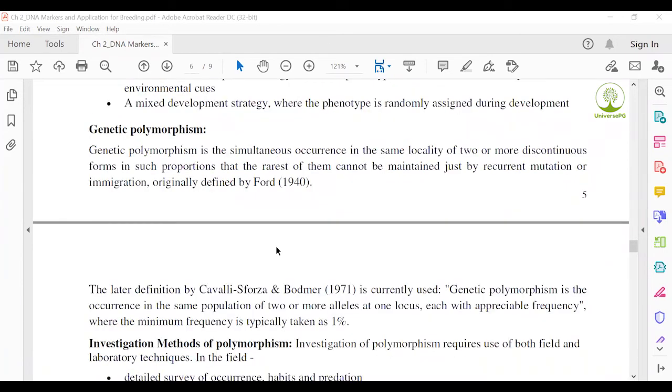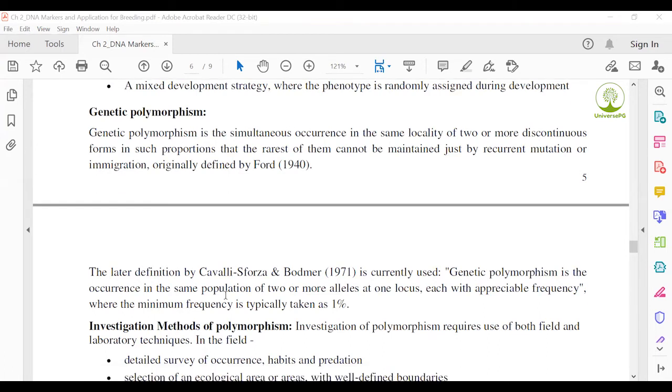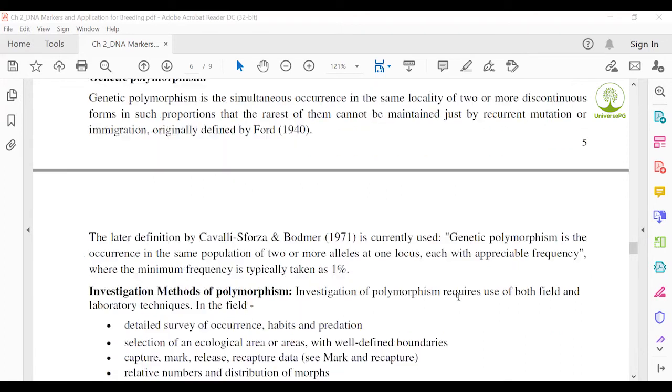Genetic polymorphism. What is genetic polymorphism? Genetic polymorphism is the simultaneous occurrence in the same locality of two or more discontinuous forms in such proportions that the rarest of them cannot be maintained just by recurrent mutation or immigration, originally defined by the scientist Ford, 1940, and later defined by Cavalli-Sforza and Bodmer, 1971, and currently used.